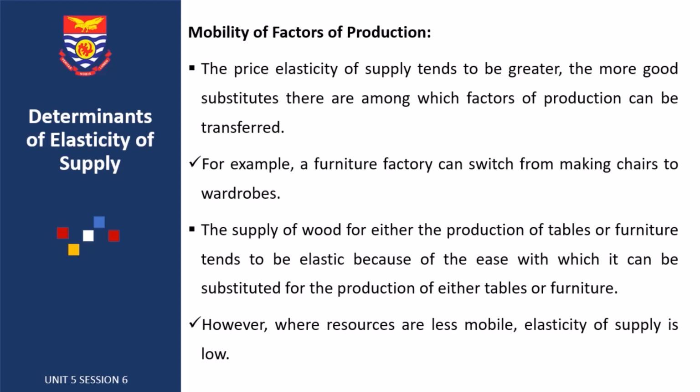So the supply of wood for either the production of tables or furniture tends to be elastic because of the ease with which it can be substituted for the production of either tables or other furniture. However, where the resources are less mobile, elasticity of supply is low.